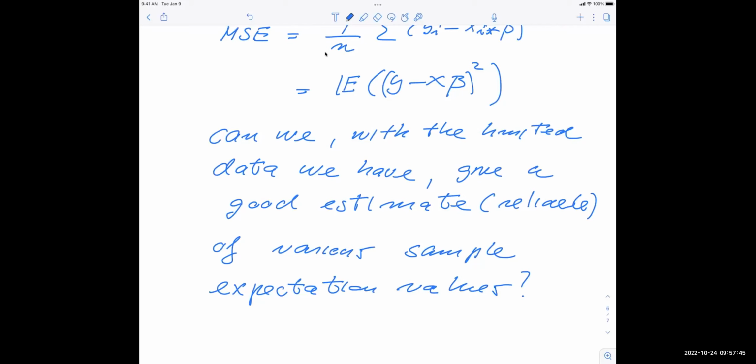Another method which we are going to use quite a lot, which is used quite a lot in machine learning applications, is the so-called cross-validation method. These are two central techniques which we are going to spend some time on, and we are going to use them to get an estimate of the mean squared error in regression problems, of the mean values of the different parameters, also of the outputs, and the variance of the parameters.